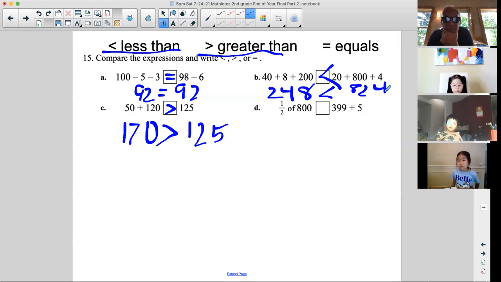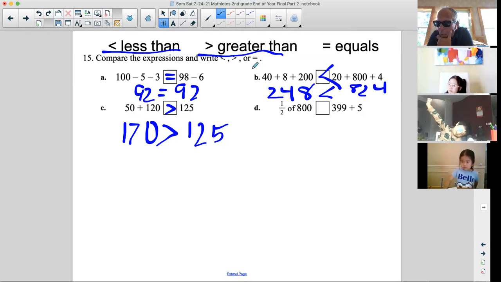Now, the next one is really interesting. Think about the next one. Don't call it out loud, and write it down. 1/2 of 800 and 399 plus 5.